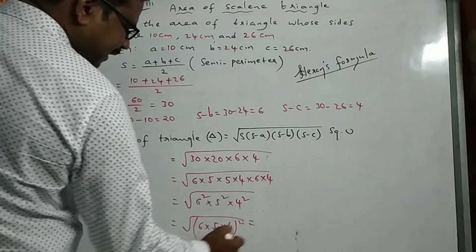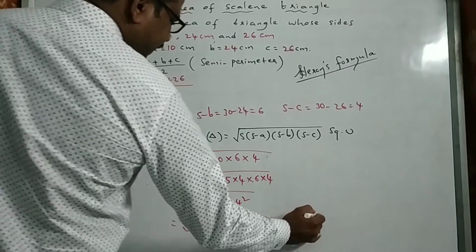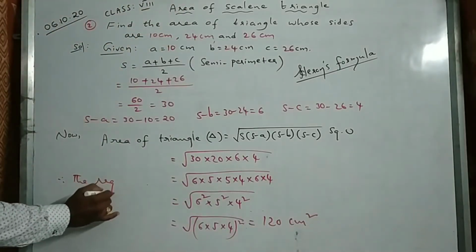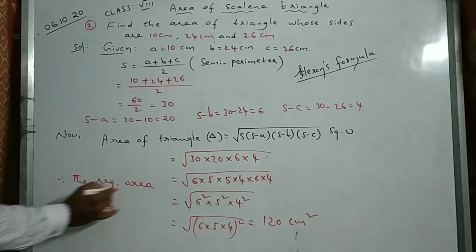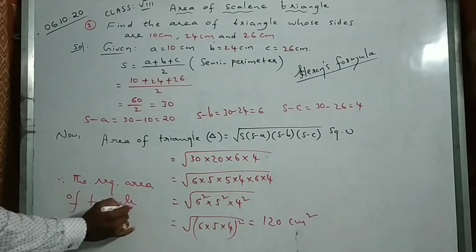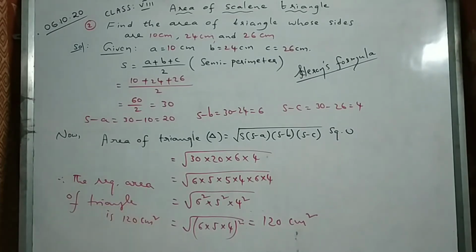Square root gets cancelled. 6 5s are 30, 30 4s are 120. Therefore, the required area of triangle is 120 square cm. Okay?